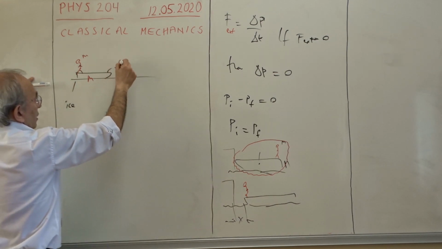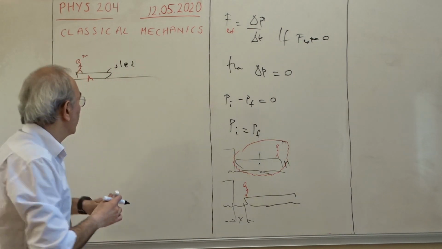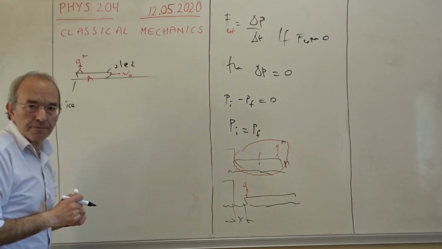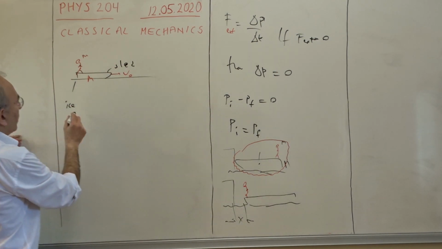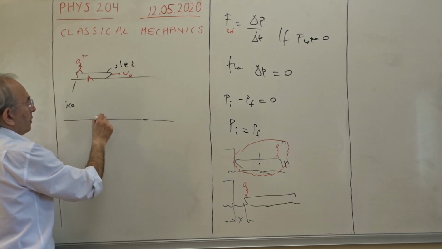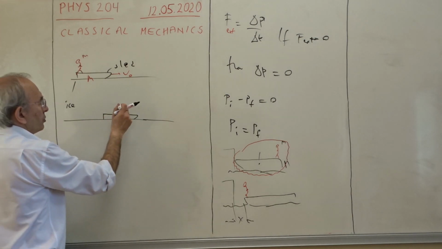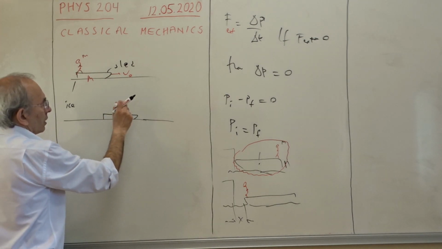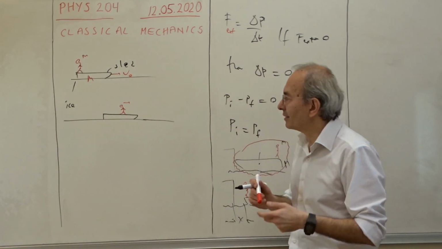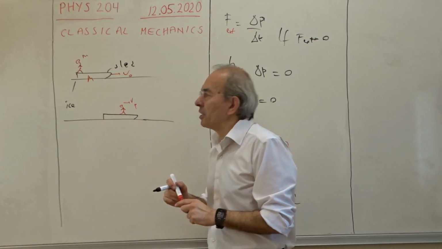And that is the sled sliding freely on frictionless ice. Assume that this is at the beginning moving at some speed v0. But then, in the course of the motion, at a certain later time, the person is walking from the back of the sled to the front part, by some little velocity vp.